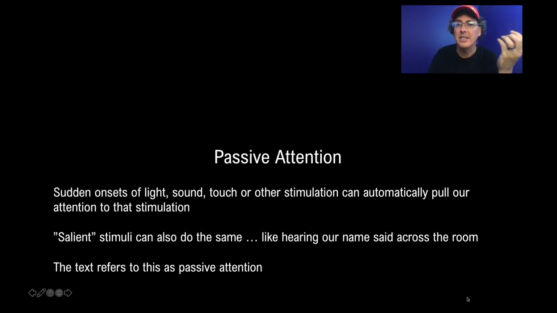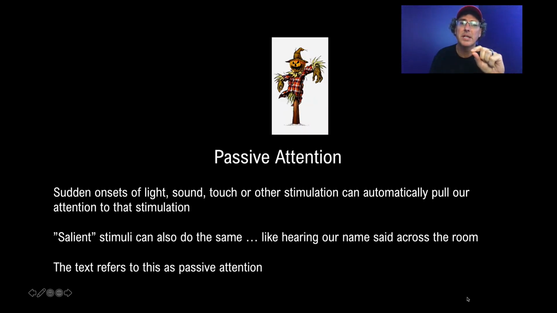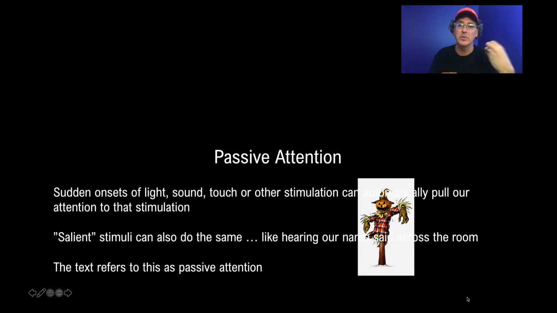This is the environment commanding your attention. And this is the real take-home point of this, I guess. We've talked about, in that diagram, I said the part of the world that you're attending to is the part that you end up perceiving with awareness in your consciousness. But how do you end up attending to it? So one of the points here is that the world can pull your attention, and they call that passive attention. So certain events in the world can suddenly pull your mind to that event.